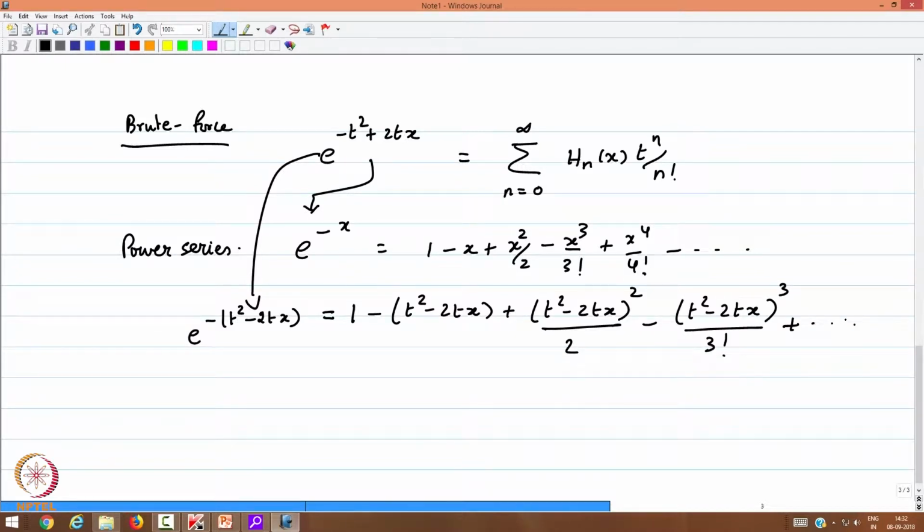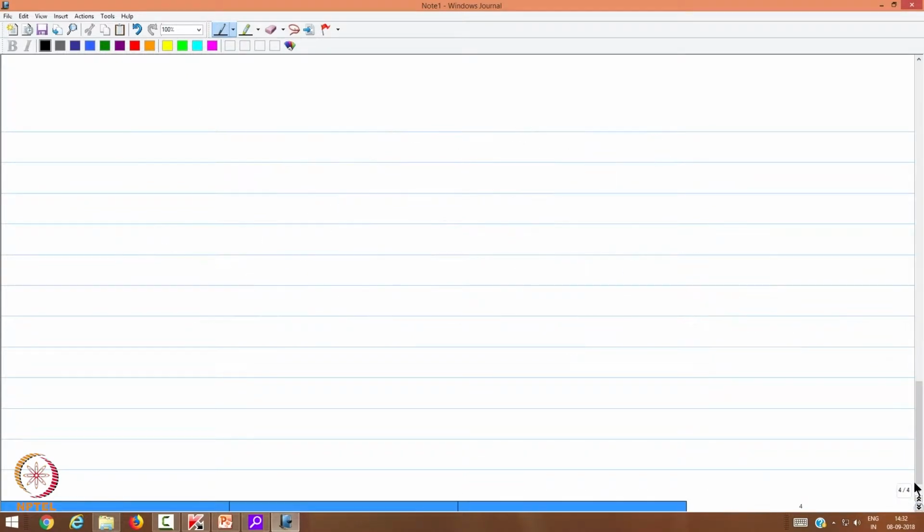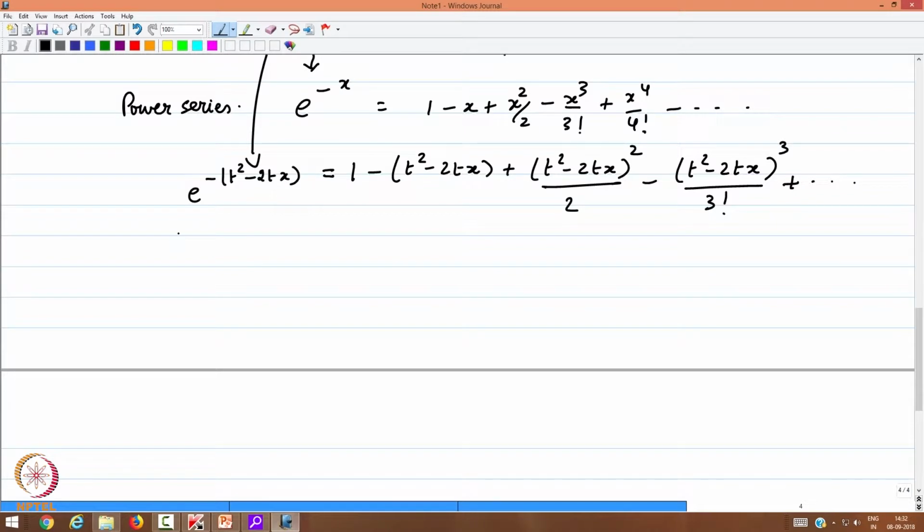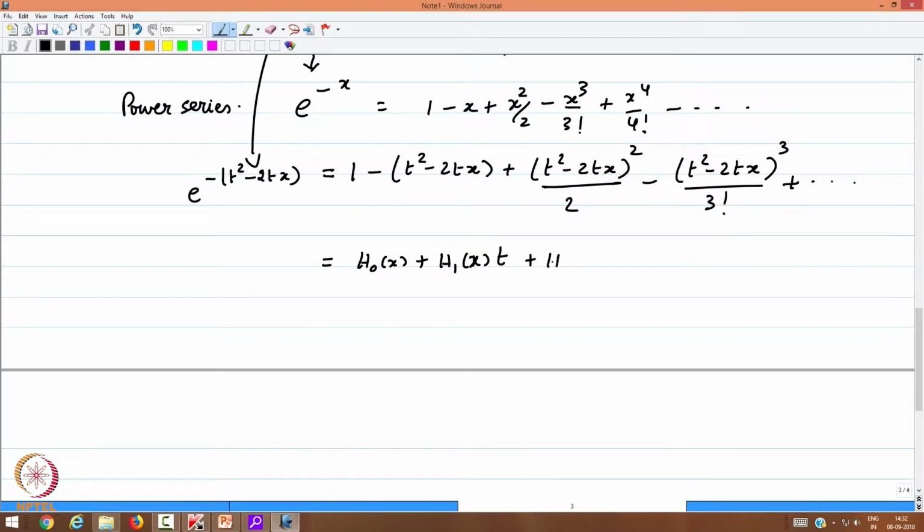Let us do that for the first 2 or 3 polynomials so that you know what is being done. Okay. So, now we collect this is obviously H0 of x plus H1 of x times t plus H2 of x times t squared by 2 factorial plus H3 of x times t cubed by 3 factorial plus so on.